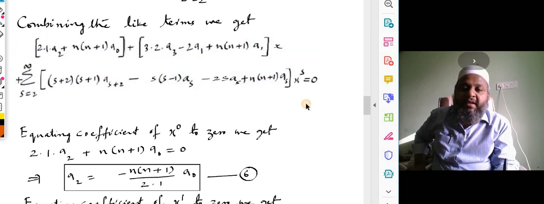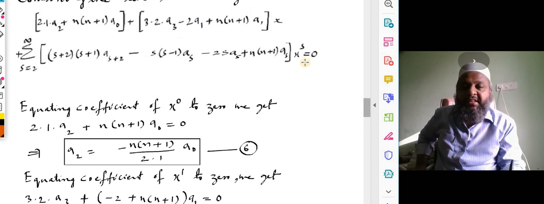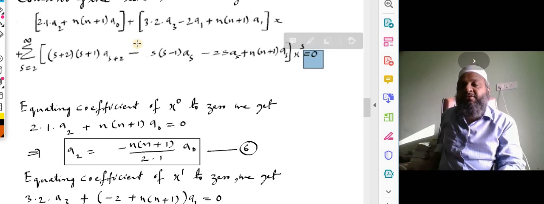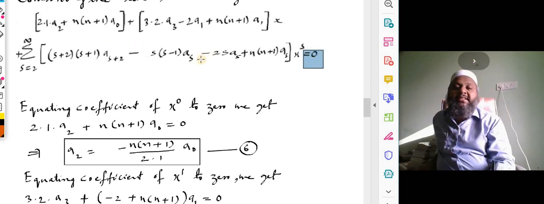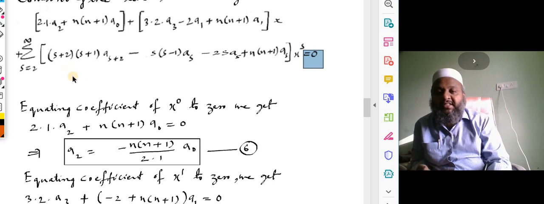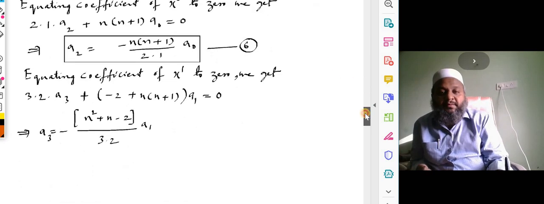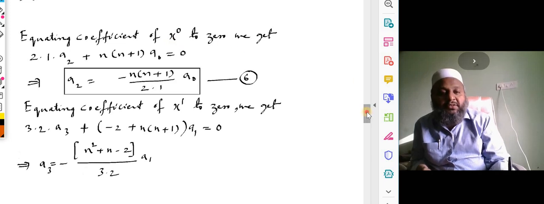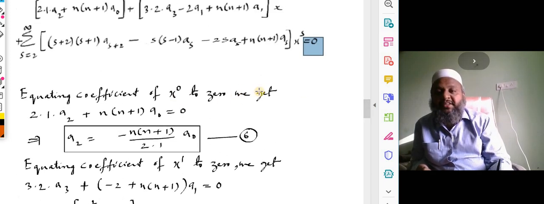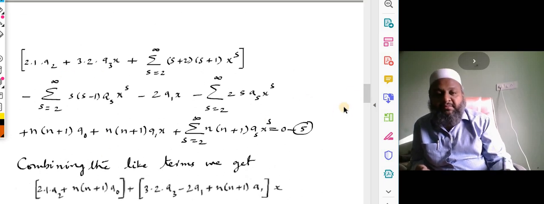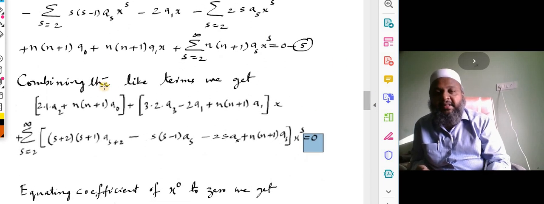Now when this is equal to 0, then it should be true for every coefficient. I mean to say, this complete series must match with 0. That is possible only when the coefficient of each power of x must be 0. So equating the coefficient of x to the power of 0 to 0, I mean constant term to 0, we get, just look back here, the constant term is written after combining the like terms.